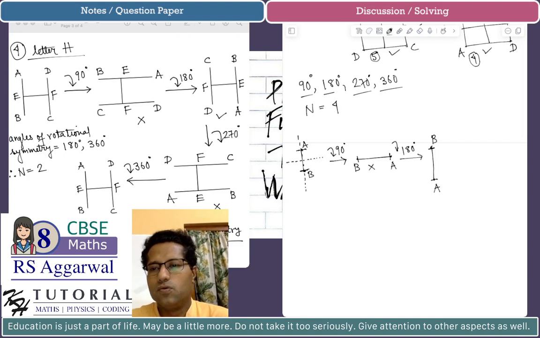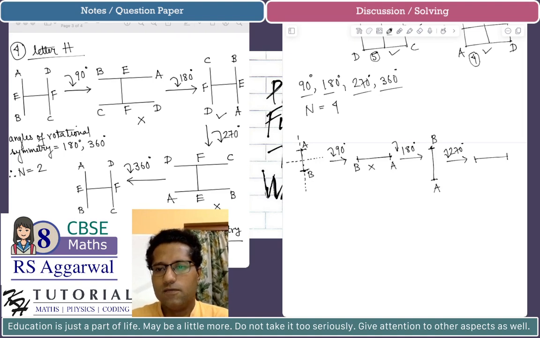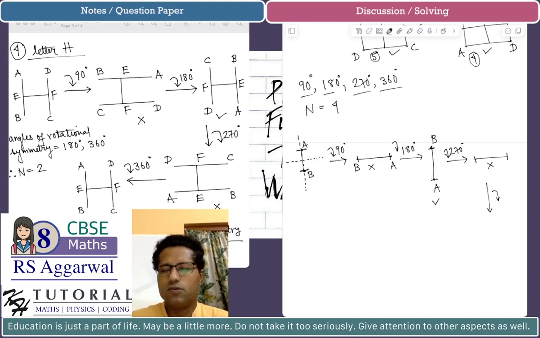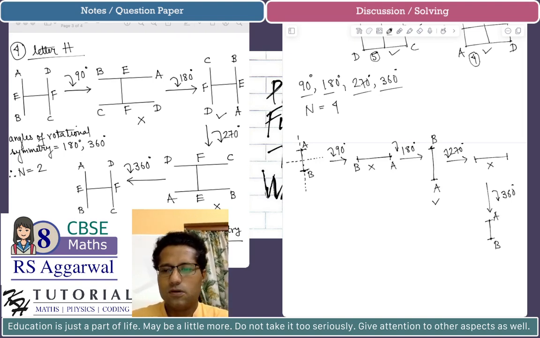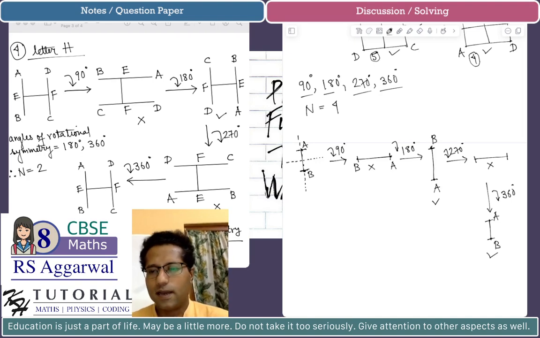Again, if you give a total angular rotation clockwise by 270 degrees, you will see the letter I has become like this, which is also not looking identical. And finally, if you give a rotation of 360 degrees clockwise, you will see that the letter I is looking identical, and this time it is exactly the same as the original I. So 360 degrees is an angle of rotational symmetry.